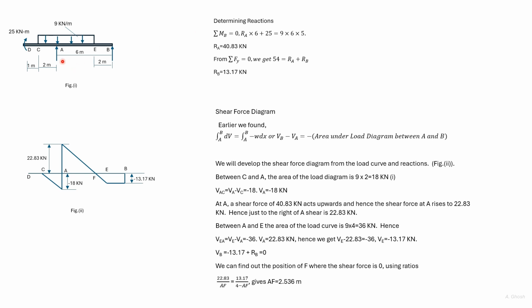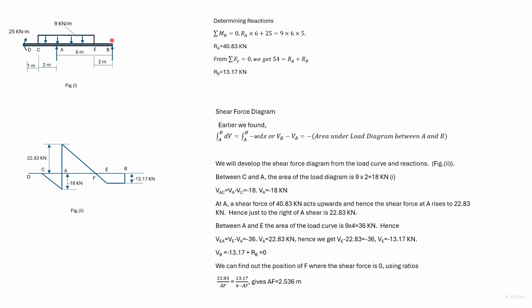To start with, here we find the reaction at A. We take moment about B. Then RA into 6 plus 25 is equal to 9 into 6 into 5, from which we get RA is equal to 40.83 kilonewton.